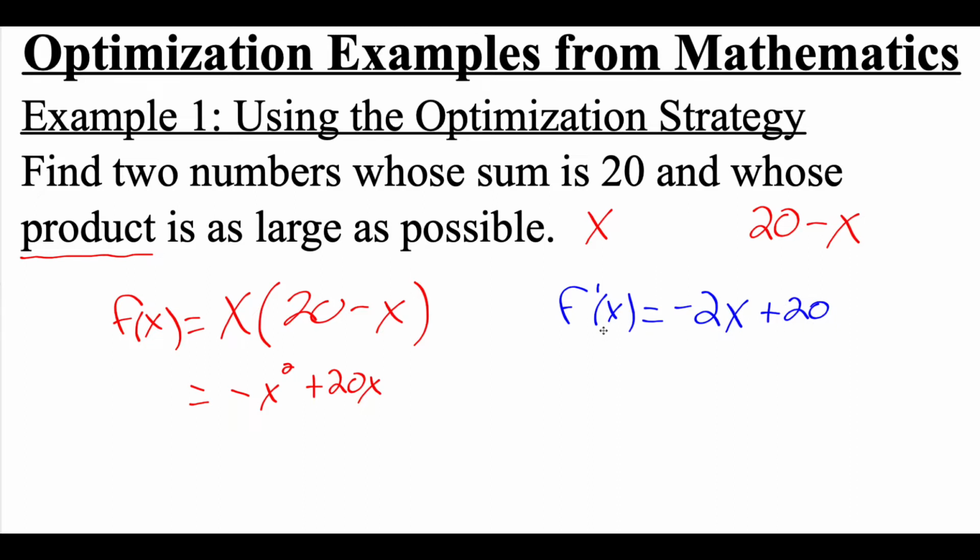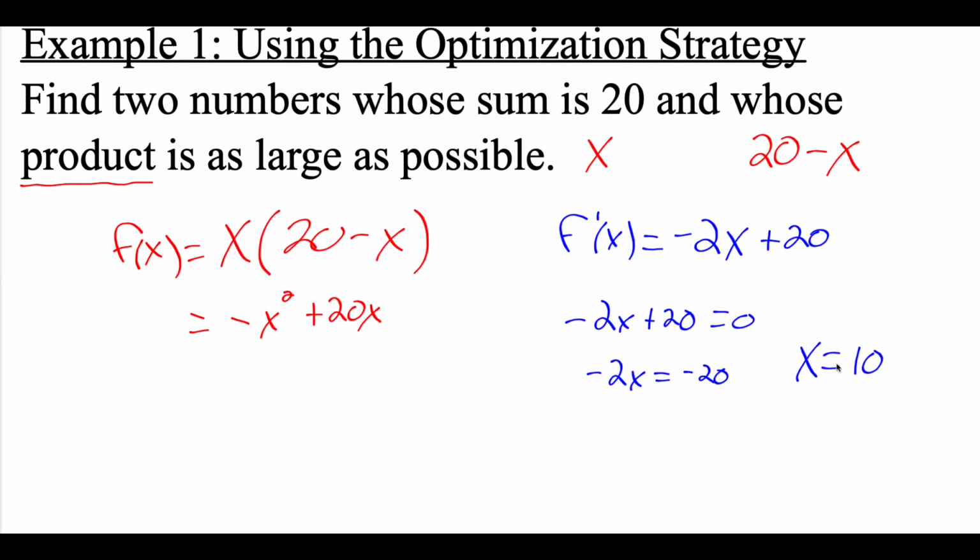To find our critical numbers, I'm going to take this derivative and set it equal to 0. So negative 2x plus 20 equals 0. Subtract the 20 over, so we get negative 2x equals negative 20. Divide the negative 2 over, so we get x equals 10.